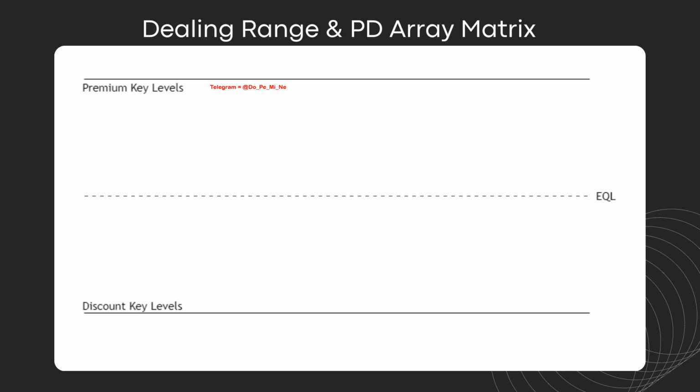I get many DMs from students saying, why did this not work, or why did I miss this move? And the plain and simple answer is that's how the market moves. That's how the market works. You're going to miss moves, you're going to lose trades, but at the same time, if you stick to the right things, you will also win trades, and those wins will make sure you end up profitable in the long term.